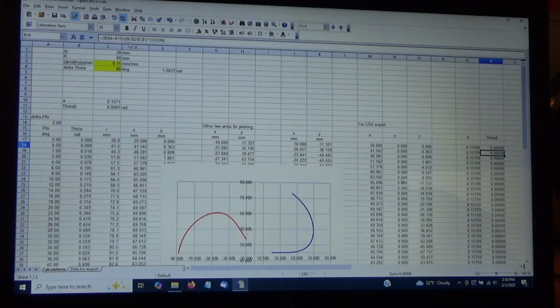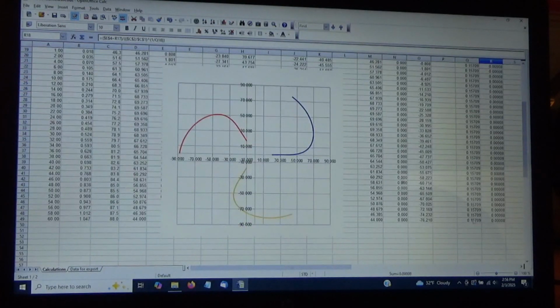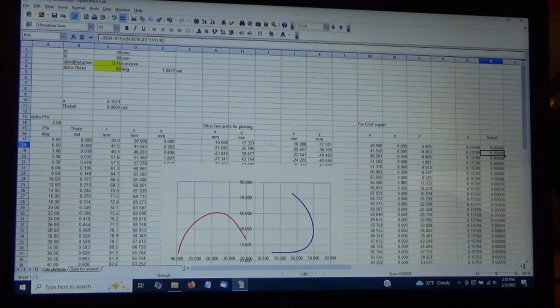Just add that little smidge to this angle, and then instead of 1 over A as we calculated here, it's this new A that we calculated. And I just did that a bunch of times just so that it would converge. And then I take this final value here that should be completely converged and duplicate it over here.